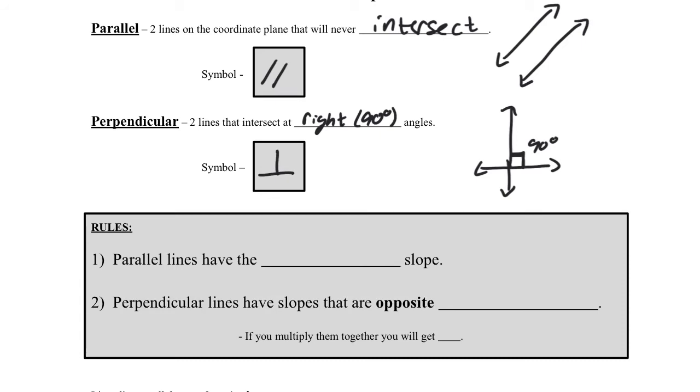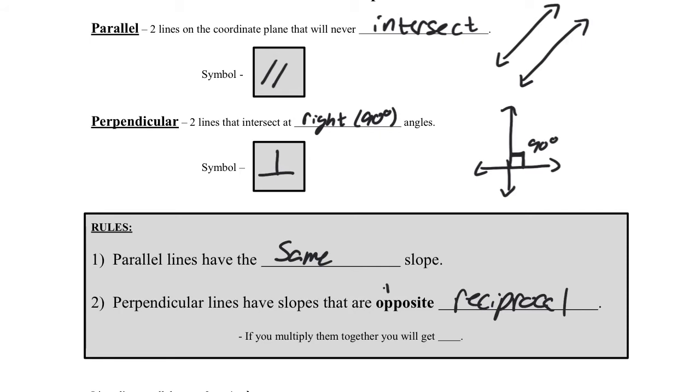So parallel lines are lines that have the same slope. They're the same steepness, so they're going to continue increasing or decreasing at the same rate as the other one. Perpendicular lines are going to have opposite reciprocal slopes.